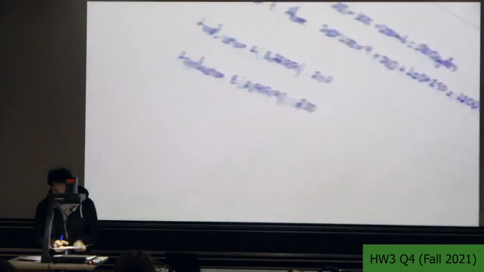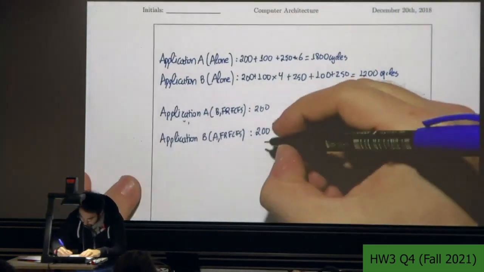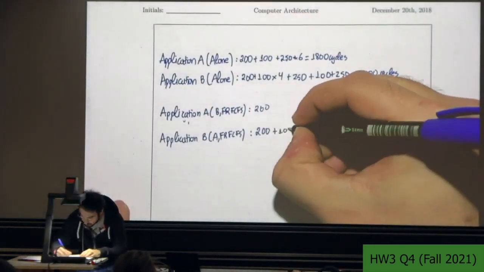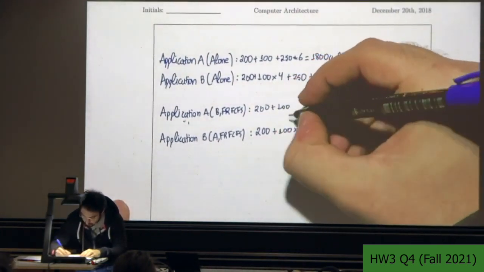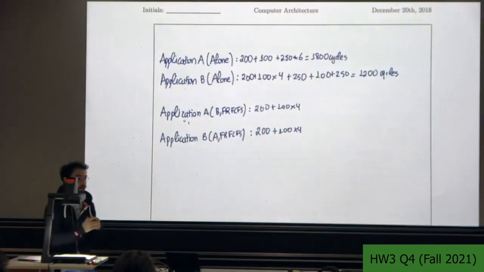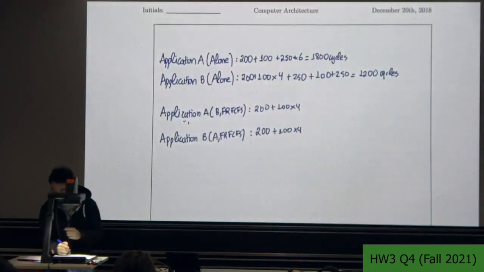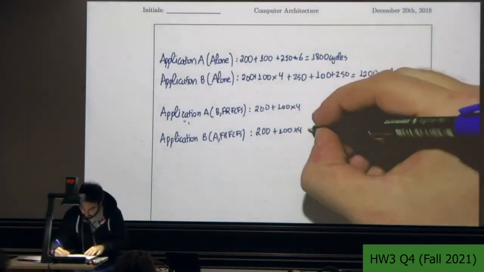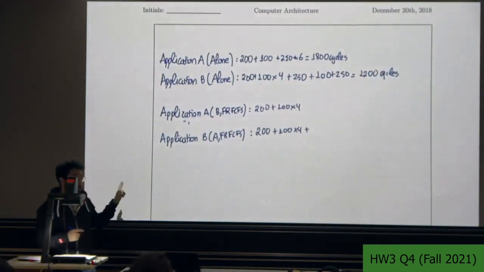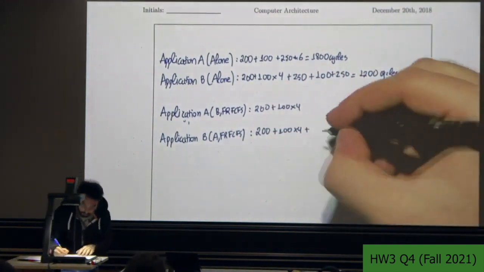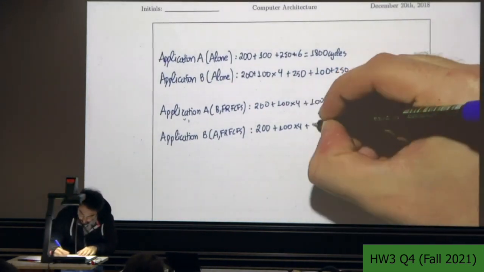So what we will do is that we will have 200 plus 100 multiplied by 4, because we perform an accumulative mixed latency. Then we service row 2 from application A. So we have a hit in both.